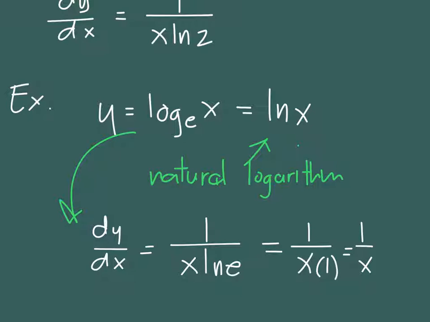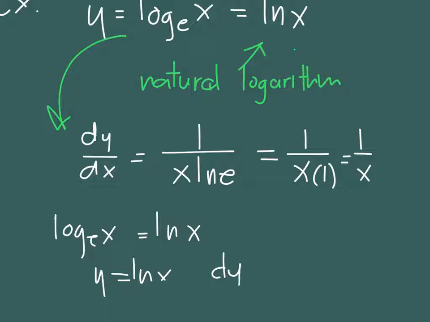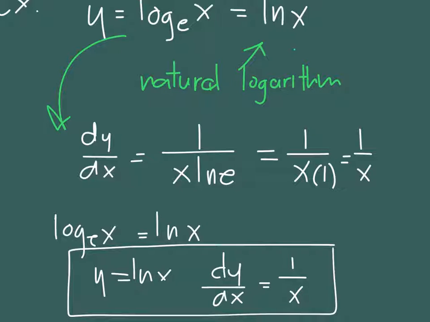And so now, since log base e of x is equal to ln x, then if y is equal to ln x, dy over dx must be 1 over x. That's the shorter version. Every time you see ln x, the derivative is 1 over x.